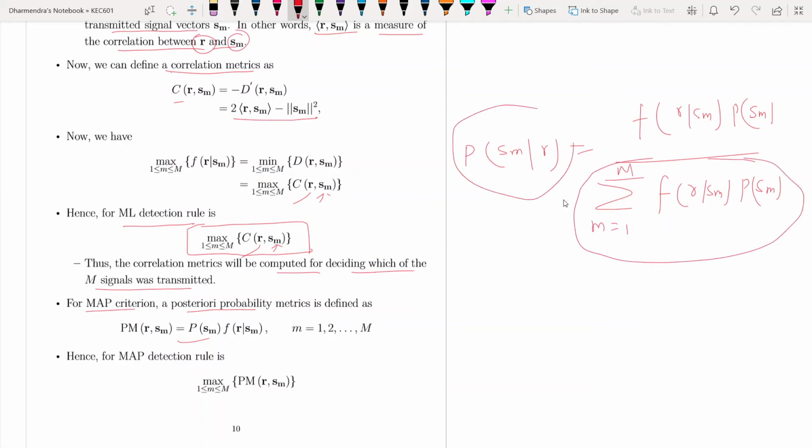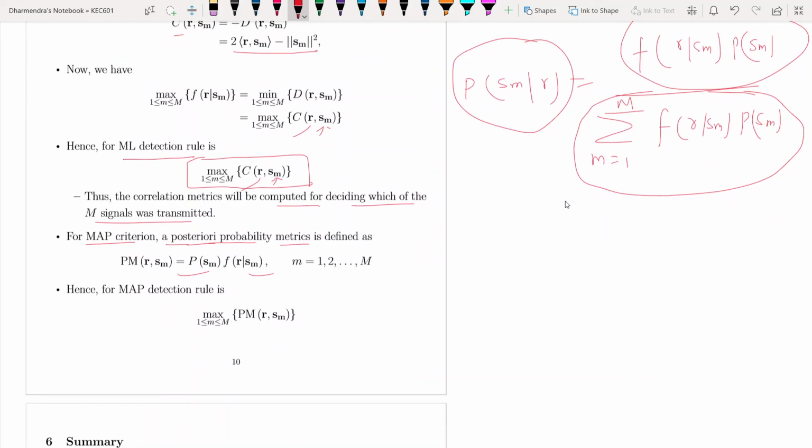So I can calculate only this, because the other term is constant for all Sm for a given r. So we define the a posteriori probability metric as the multiplication of the prior probability of Sm into the conditional probability of r given Sm. Hence the MAP detection rule is maximizing this a posteriori probability metric.